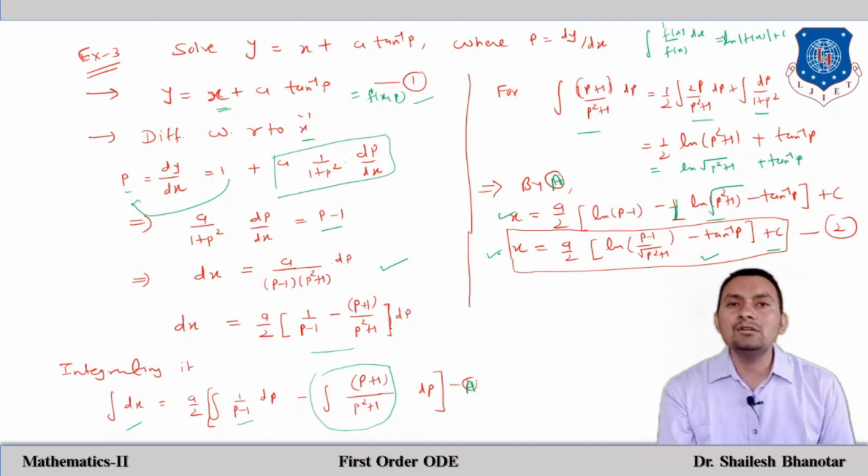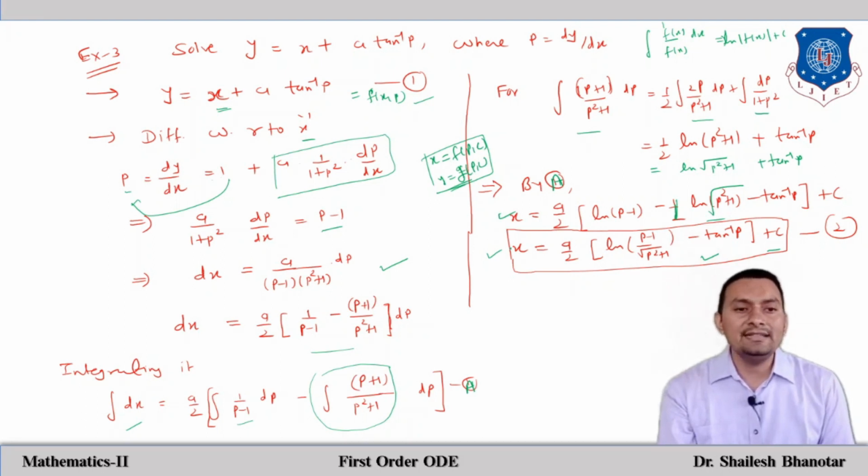But before that, we must have x in terms of f of p and c, and y also in terms of, say, g of p and c. If this happens, then it will be the parametric solution, and therefore it will be the final solution.